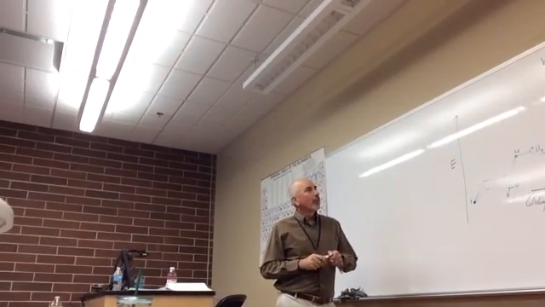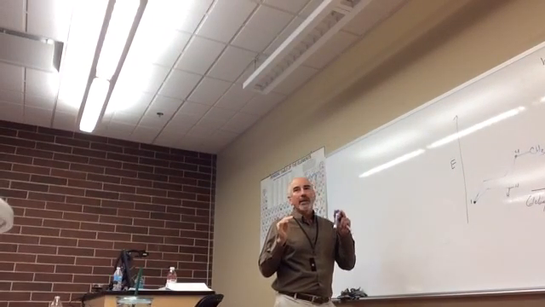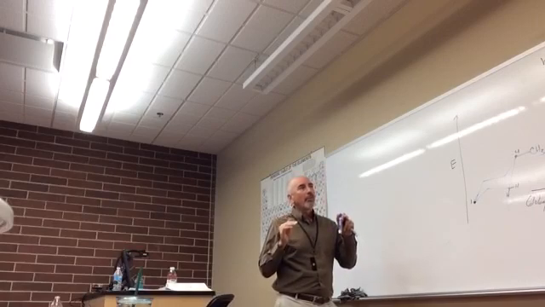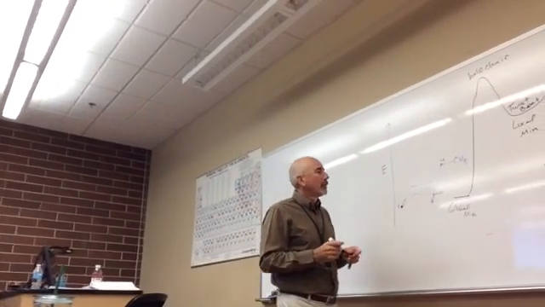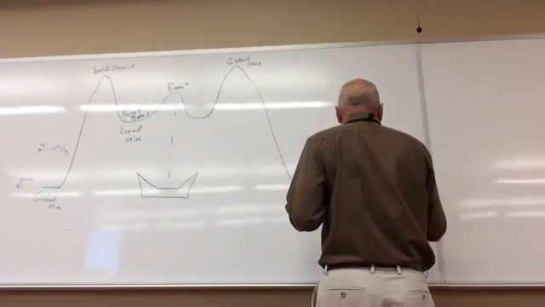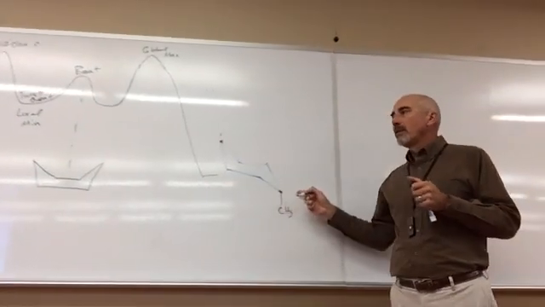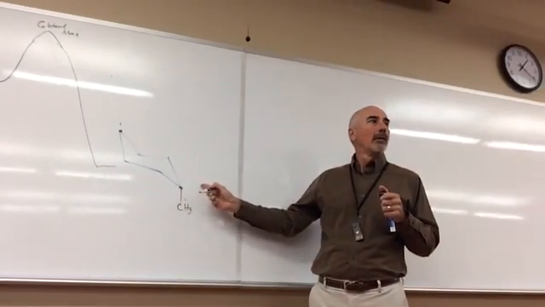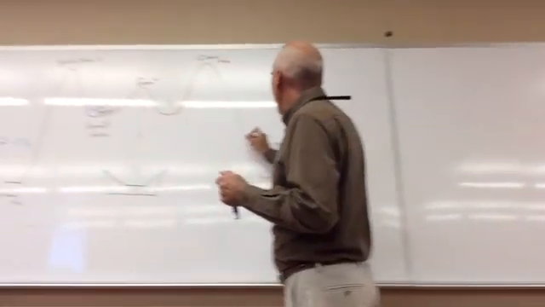Well, that's going to be really hard to figure out, which half chair is going to be higher in energy, and which twist boat and which boat. But you should be able to tell me which one is higher in energy between this one and this one. So this one is going to be higher in energy.